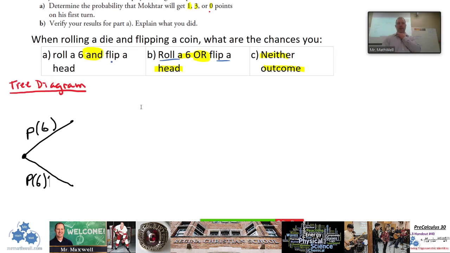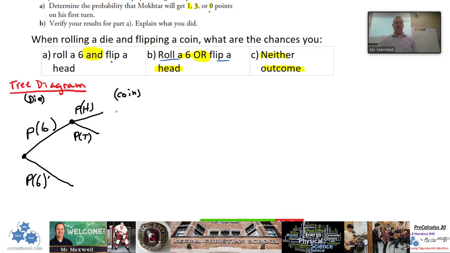Okay, so that's a die, so it's rolling a die. Now tossing the coin is going to be the second part here. For each, so if I get a 6, I could then get a head, so probability of a head. And this one would be the tails. That would represent the probability of flipping a tail.